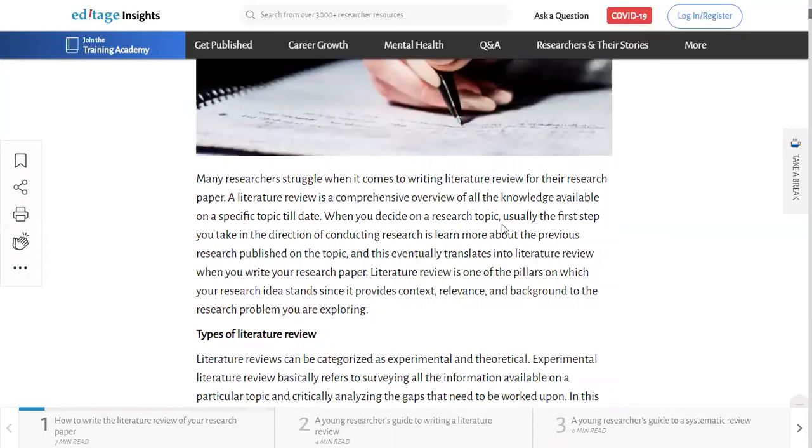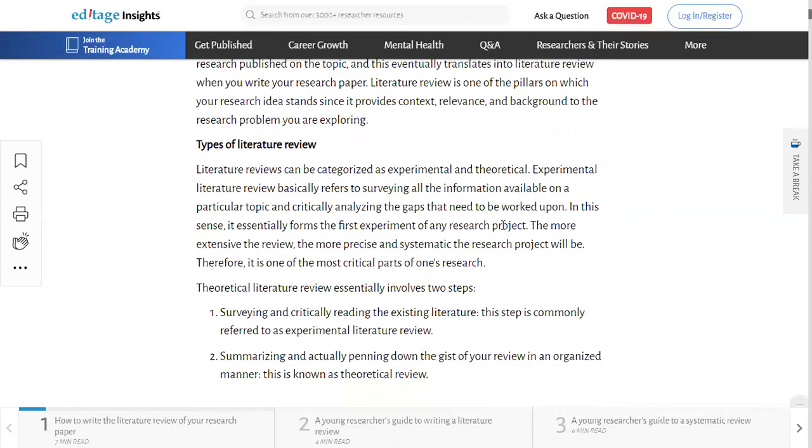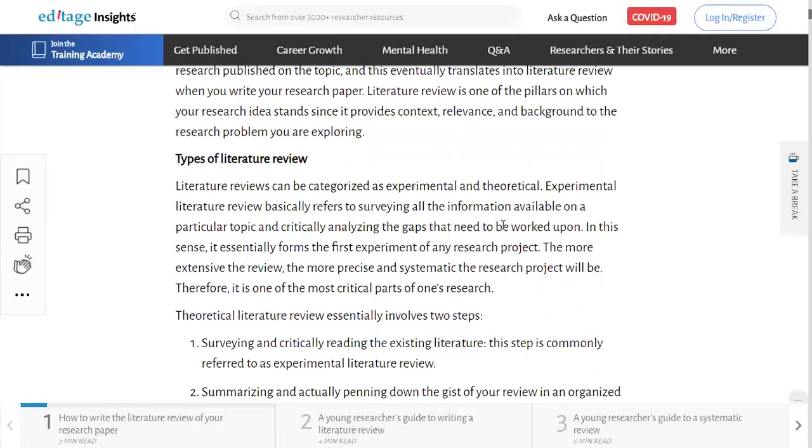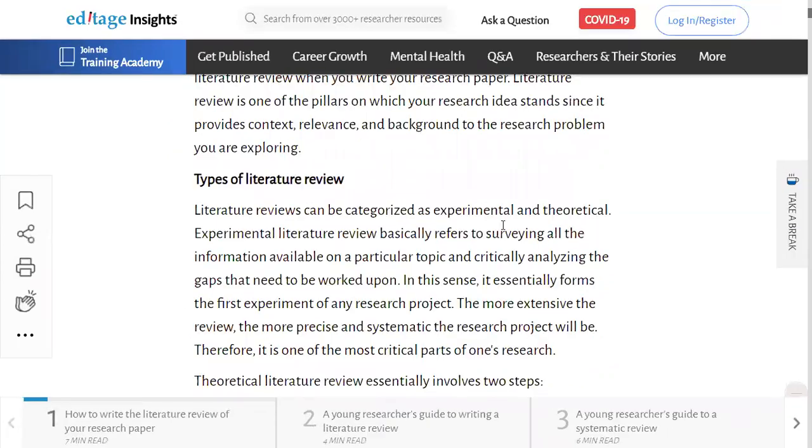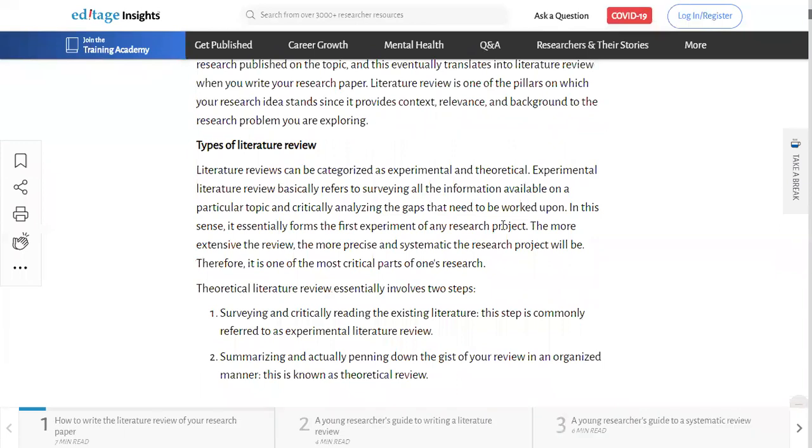First of all, what is the meaning of literature review? What do you know about that? It is a summary of all about what we are reading, about the topic of our research.